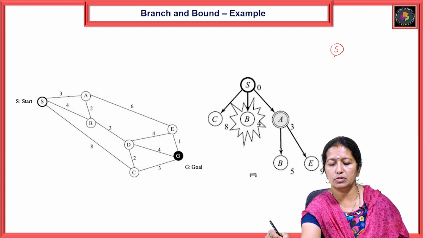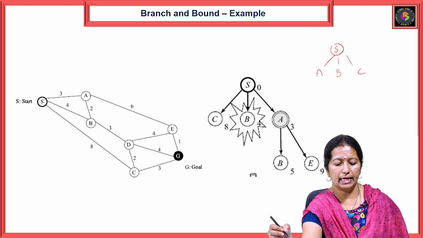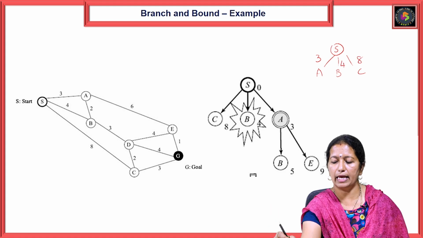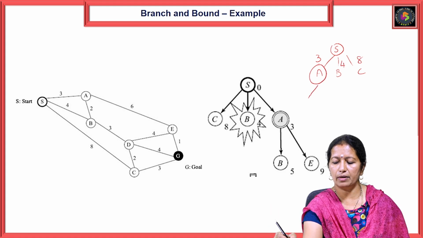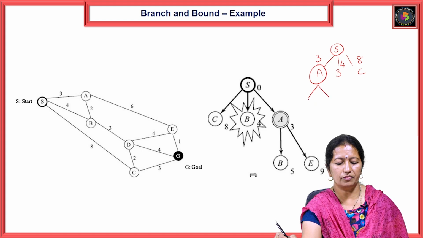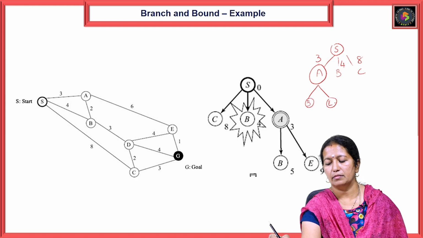Then from the source, again I will be taking A, B and C. A I have 3, B I have 4, C I have 8. So, this A I am exploring. From A I will be traveling to where I am exploring. From A I have 2 successors again, that go to B and E.